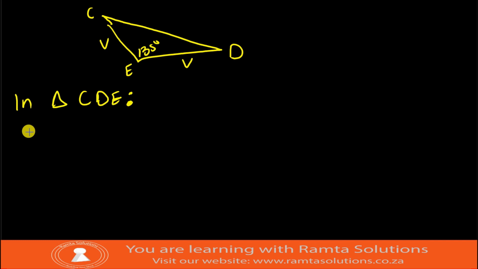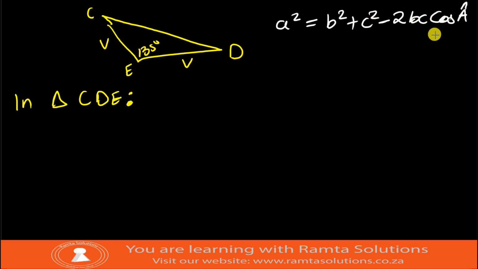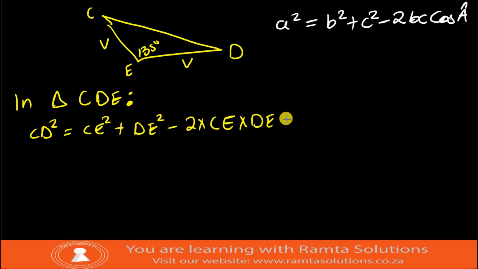As a reminder, the cosine rule is a squared equals b squared plus c squared minus 2bc cos angle A. But I'm not going to write it this way because I want to find CD, I don't want to find A. So CD squared equals CE squared plus DE squared minus 2 times CE times DE times cos angle CED, right?